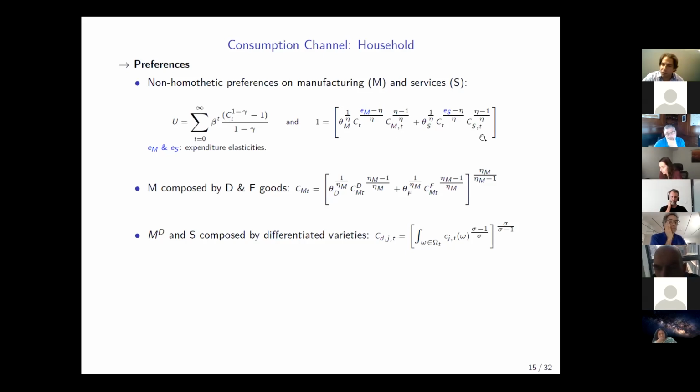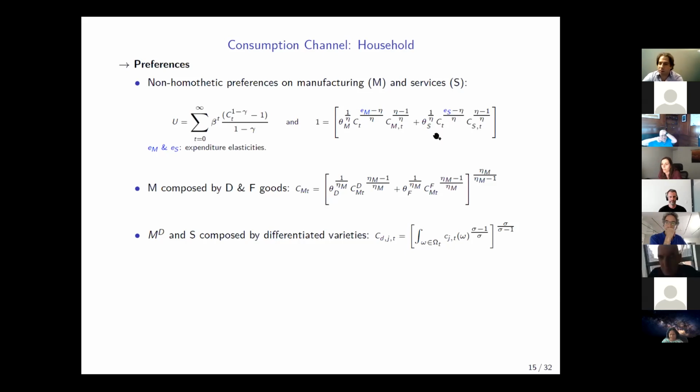This nonlinear function gets you these demands that are going to react to the aggregate C that we discussed before. In particular, whenever this number is equal to this number and it's equal to 1, you get the CES function back, and you are back to that baseline model if you want.